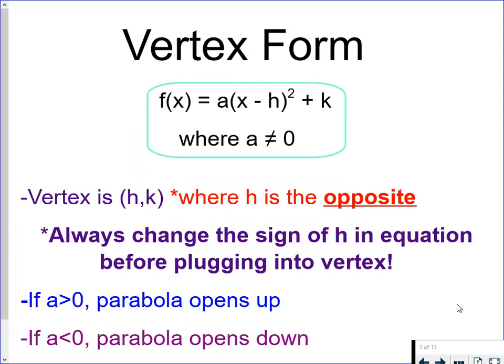It's called the vertex form because we can literally take out the vertex. We'll do standard form tomorrow. Standard form is the one you've been seeing, the ax squared plus bx plus c. Okay, all of that is the same.